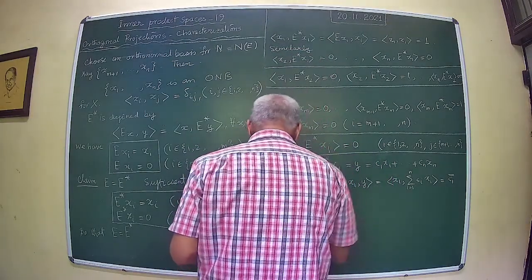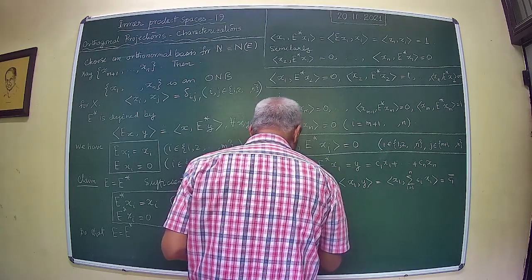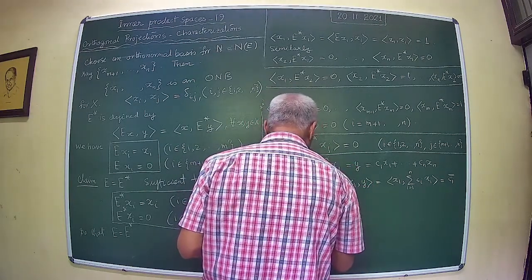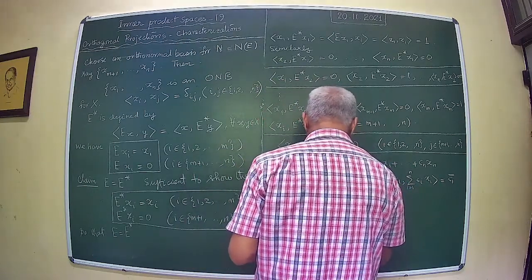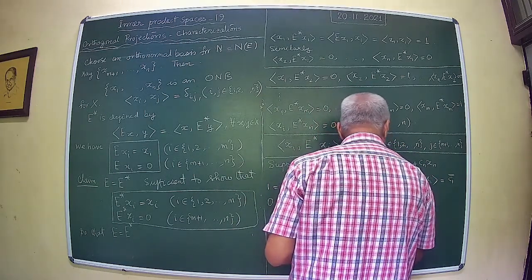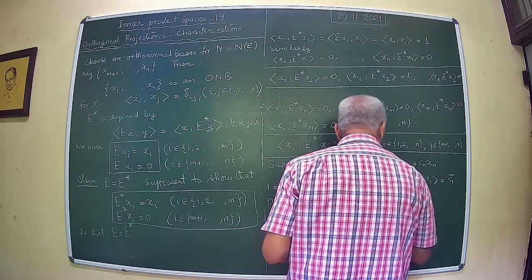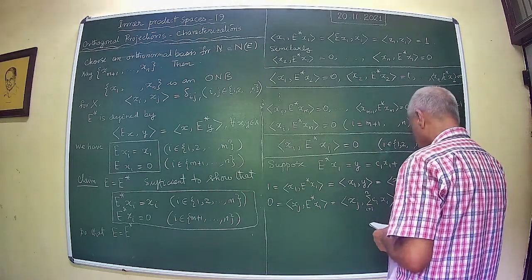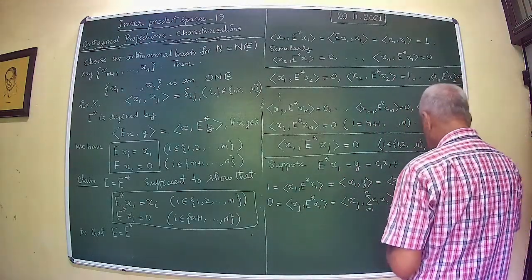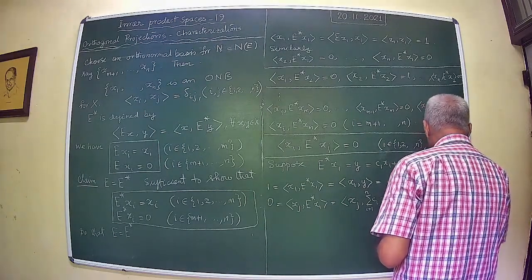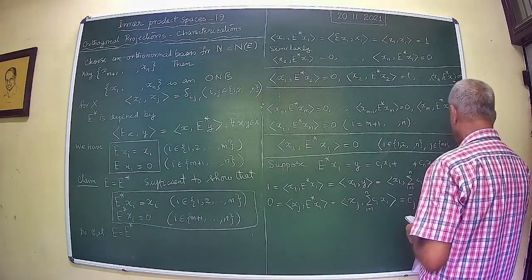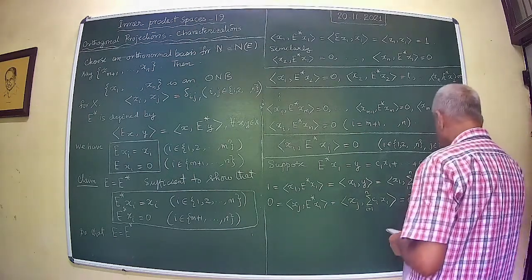Similarly, you have 0 equal to the inner product of xj with y, which gives you cj conjugate, okay, which implies cj equal to 0 for j not equal to 1.